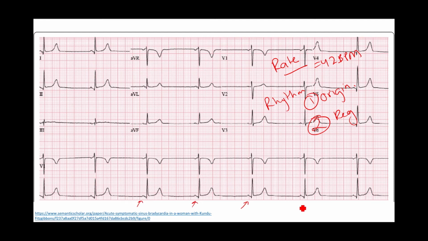Well, we do have P waves before every QRS complex, and we have QRS complexes after every P wave. Therefore, we can say this is a sinus rhythm. You'll also notice that the RR interval is generally the same distance throughout the EKG strip, making this a regular rhythm. So ultimately, what we would call this is sinus bradycardia. Bradycardia meaning a heart rate less than 60 beats per minute.